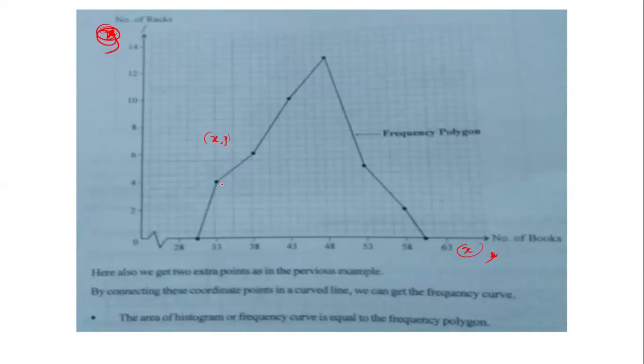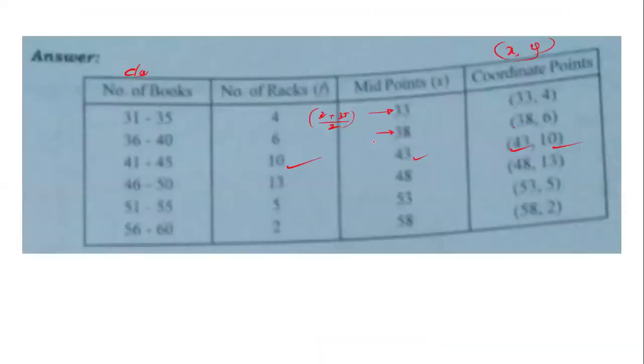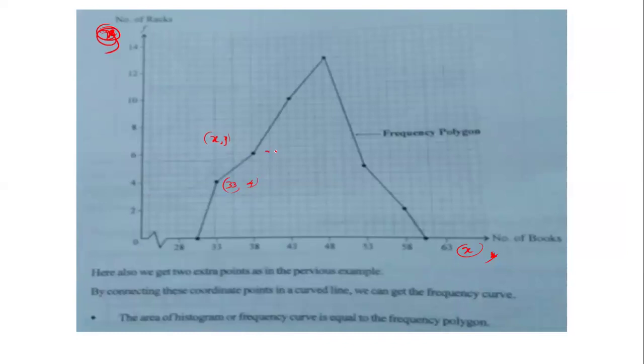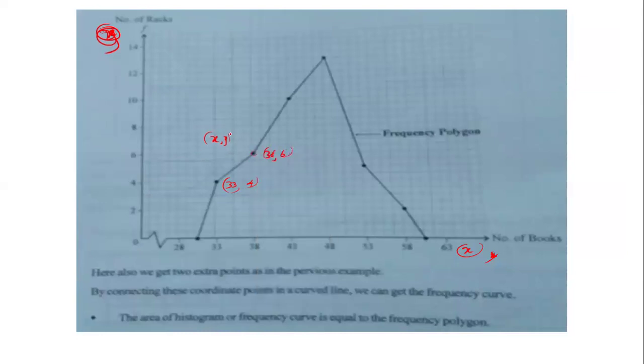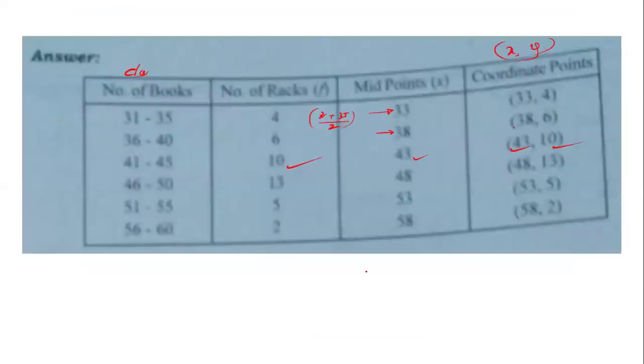This is the base. For one point, I'll write 33, comma, y is 4. This is one point. Another one, 38, 6. This point, 38, comma, 6. This is another point. These are called coordinate points, x to y.